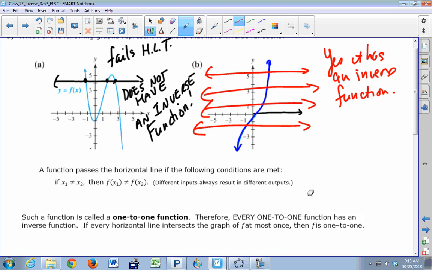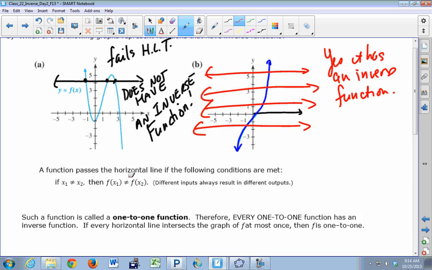So here it is. It's easy to look at. It's a little harder to write mathematically, but this is what we were talking about a minute ago. A function passes the horizontal line test if the following is true. If you have two values of x in your domain that are different, then the values of the function, your outputs, will also be different.